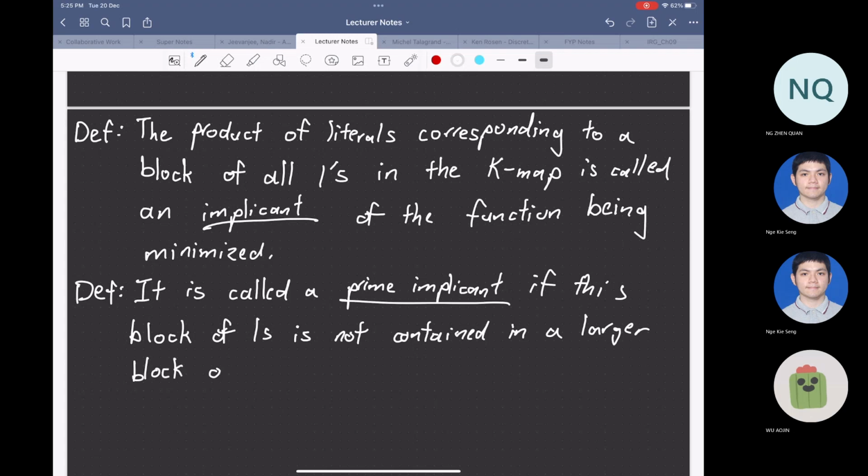Okay, so you can imagine that sometimes we will have overlapping blocks. So if it is not overlapped by the other block, we will call it a prime implicant.